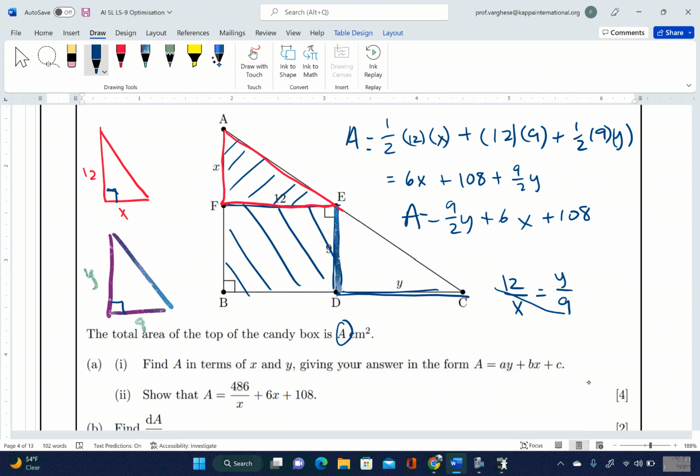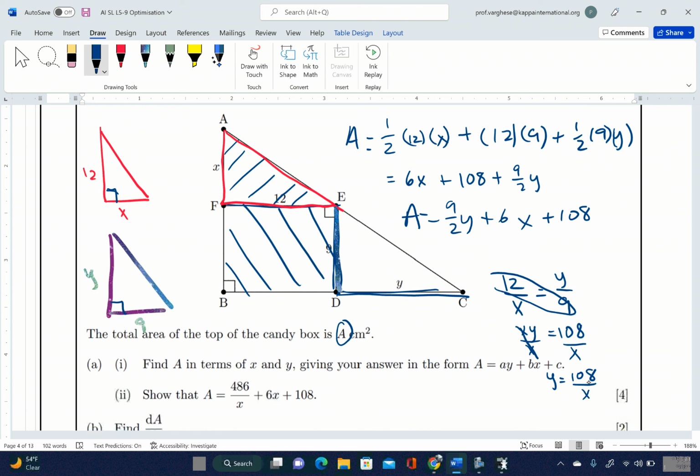So I multiply this and I get 108 is equal to x times y, which is xy. Remember, I want to get the y part by itself, because I want everything in terms of x. So I divide both sides by x, and I get y is equal to 108 over x.